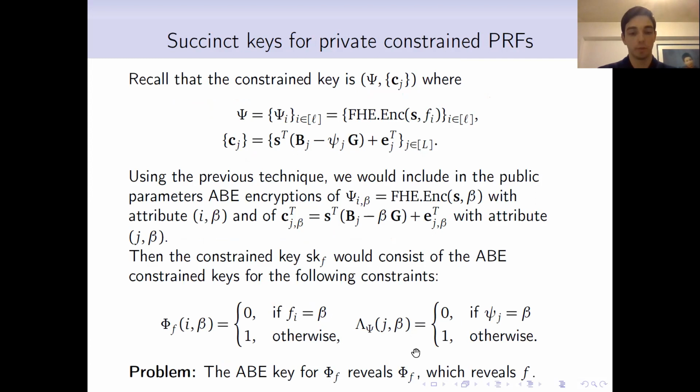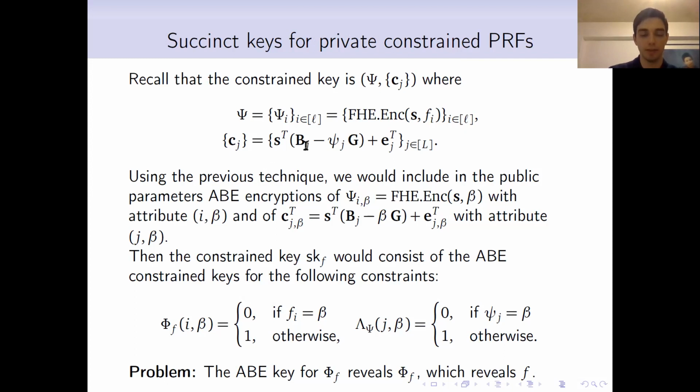And so my idea to do this was to try to apply the same technique that I showed you earlier, where we had a constrained pseudorandom function, and then we used attribute-based encryption to encrypt right at the start the constraint keys, and so making the constraint keys succinct in the end. So let's see what happens if we try to apply the same technique here.